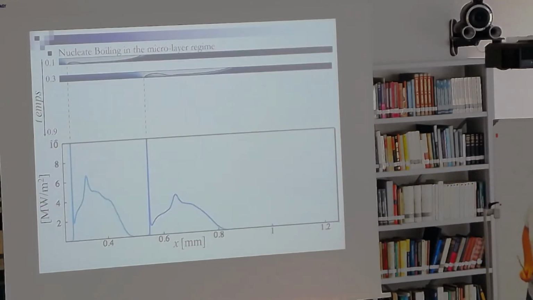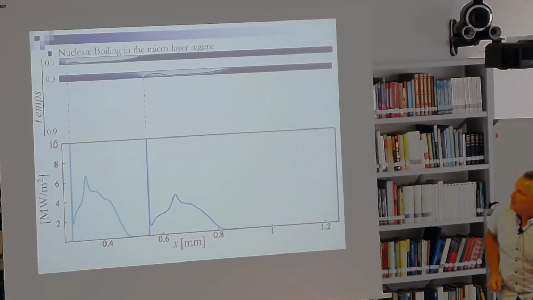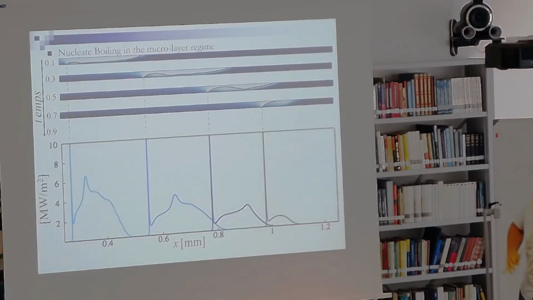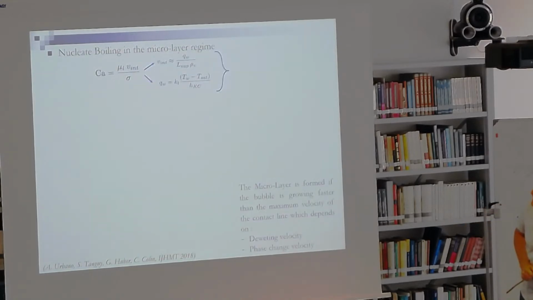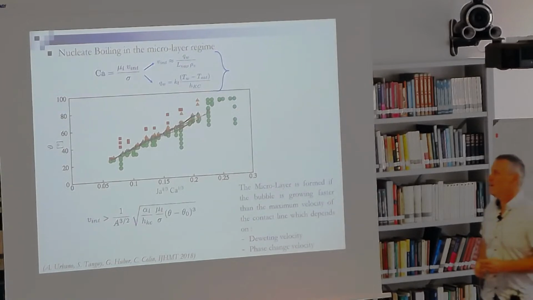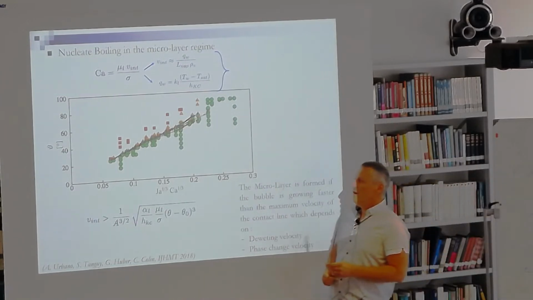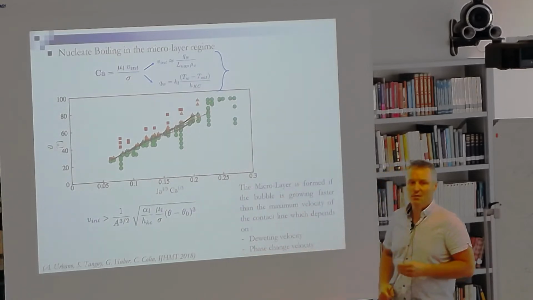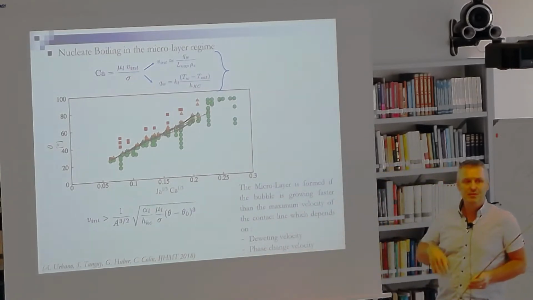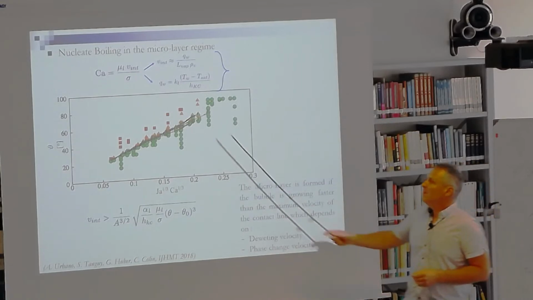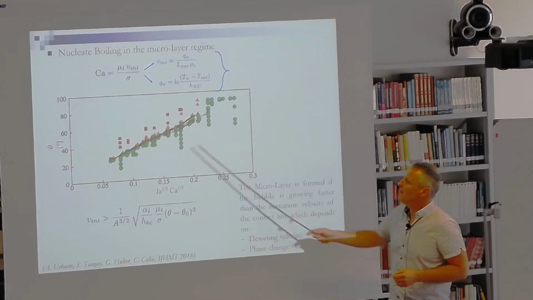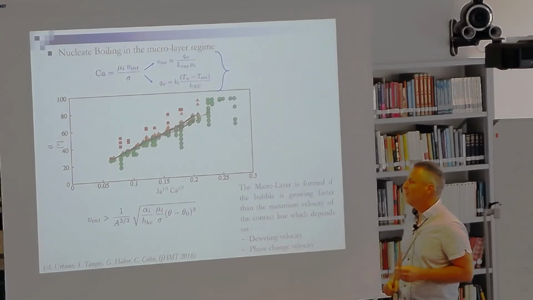So finally, we can observe some heat flux distribution along the microlayer formation and depletion. And after performing many simulations, we obtain a curve which gives us a kind of transition between the contact line regime, which are the red points, and the microlayer regime, which are the green points.